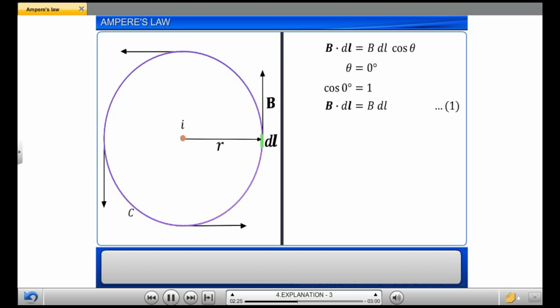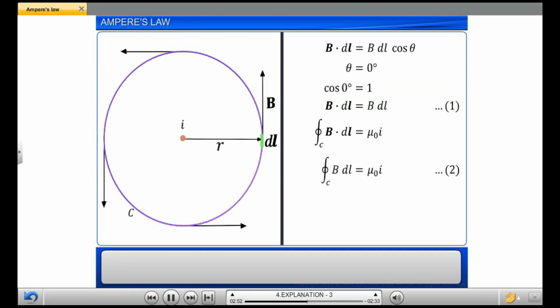According to Ampere's law, integral over the closed curve C, B dot dl is equal to mu naught I. On substituting equation 1 in Ampere's law, we get integral over the closed curve C, B dl is equal to mu naught I. Let this be equation 2.